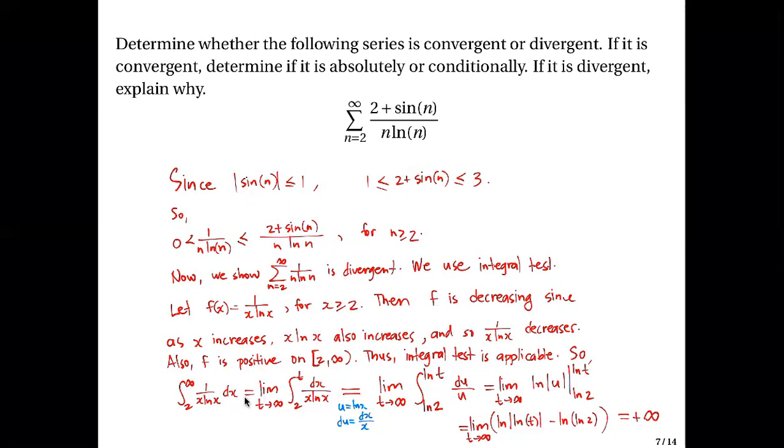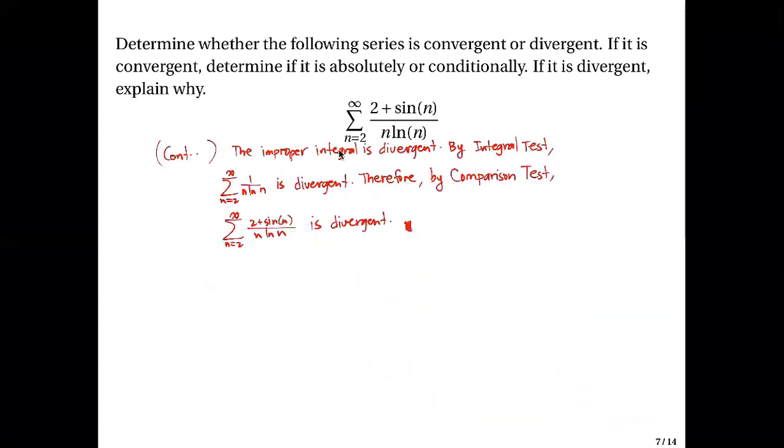And therefore, we apply the integral test. We use the improper integral now. And once we're done with the improper integral, we look at how we state all our conclusions. Okay? So that's for this example.